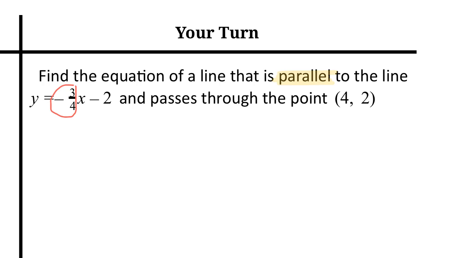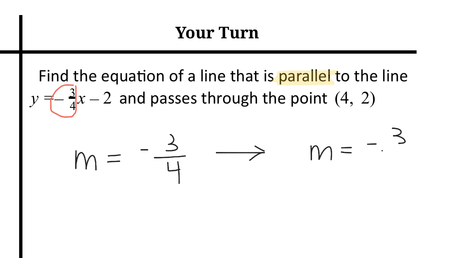So if I want to make a parallel line, that means the slope of my line also has to be negative 3 over 4. So I'm going to go ahead and write that out. We know the slope is negative 3 over 4. So if we want a line that is parallel, our slope also has to be negative 3 over 4.